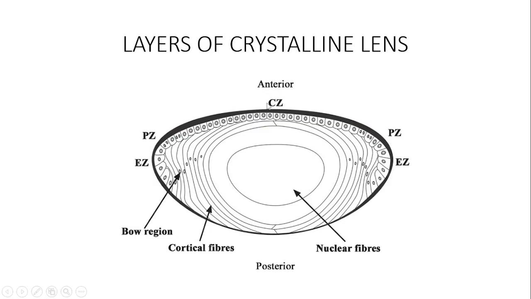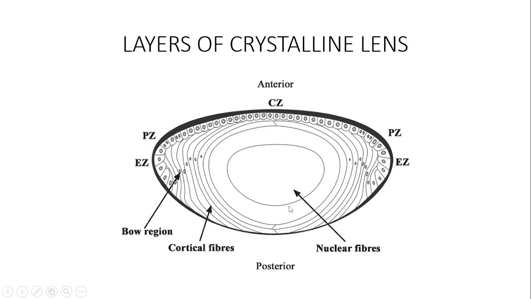The nucleus, mitochondria, and the ribosomes. Because if they still contain these organelles, then these organelles can cause scatter of light and cause what? Decline in visual acuity. But once they lose these organelles, they become transparent, migrating to form part of the cortex and finally the nucleus.